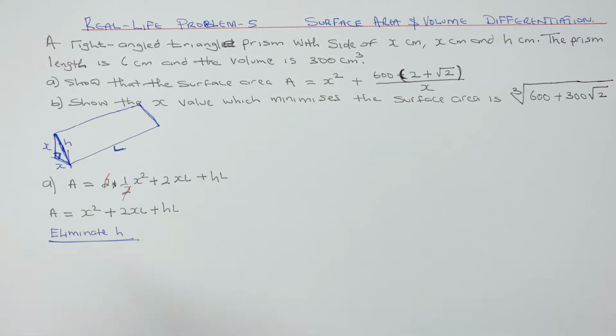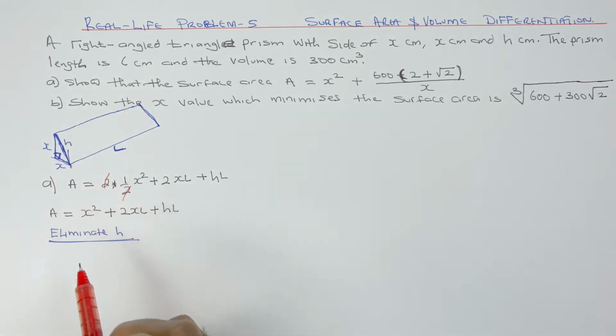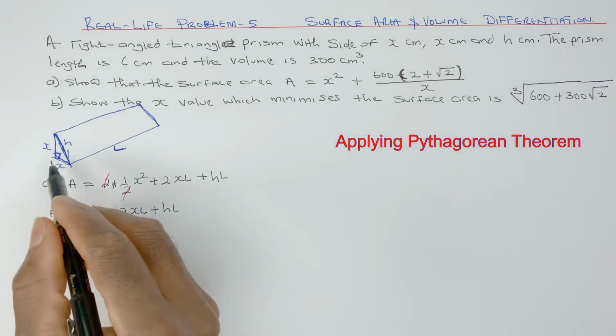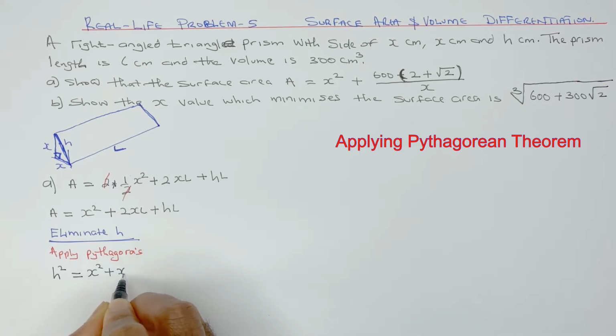So how can we eliminate H? We can see that's a right angle triangle, so if we apply Pythagoras' theorem, H squared must be equal to X squared plus X squared.